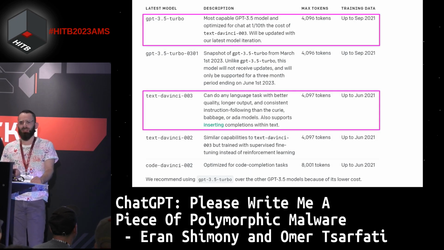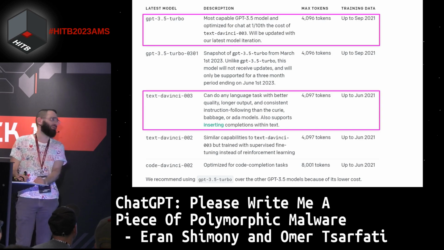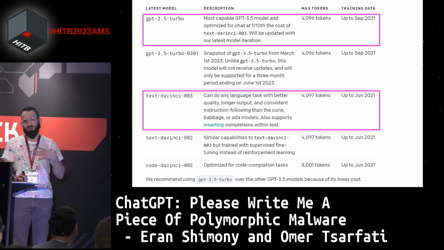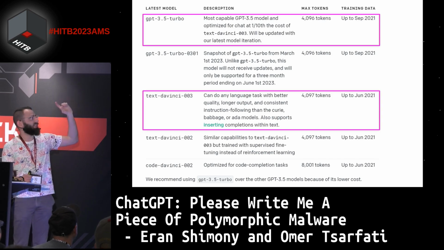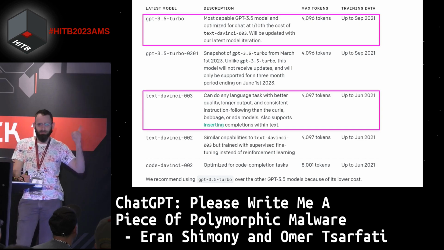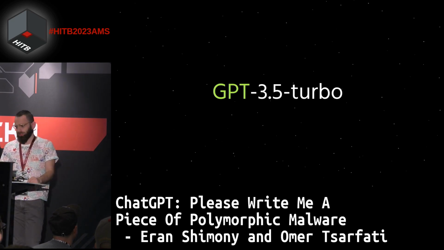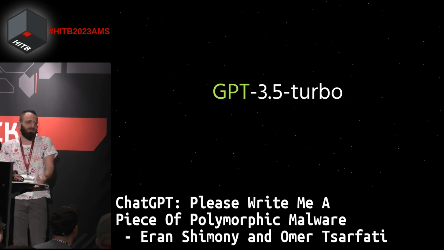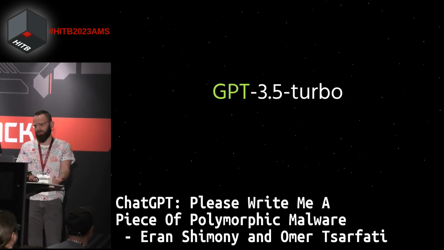If we examine the 3.5 family of models, there are 2 of special interest to us: the GPT 3.5 Turbo and the Text DaVinci 003. So let's understand what they are. The GPT 3.5 Turbo is considered to be the most advanced model that people can use and play with in the API.